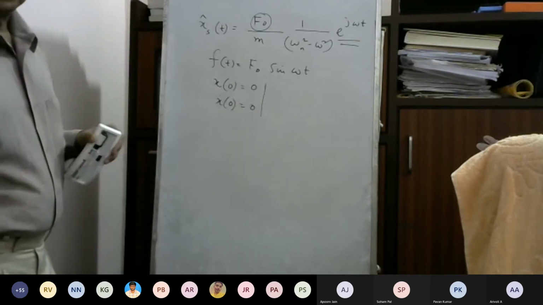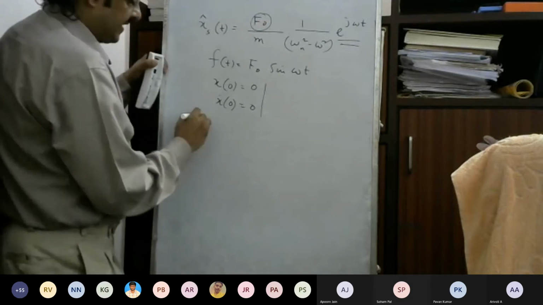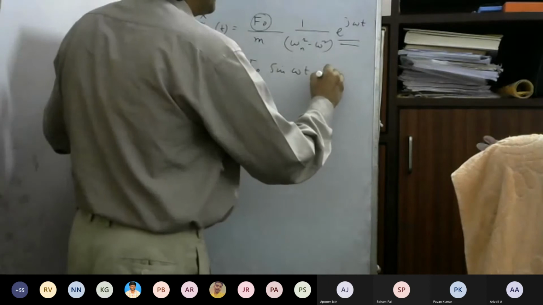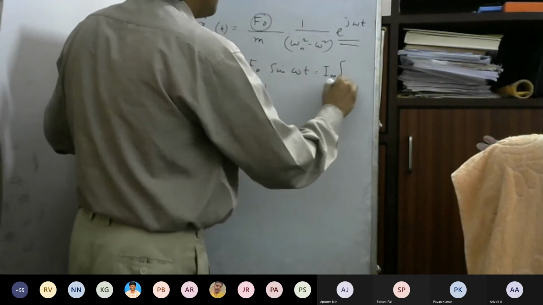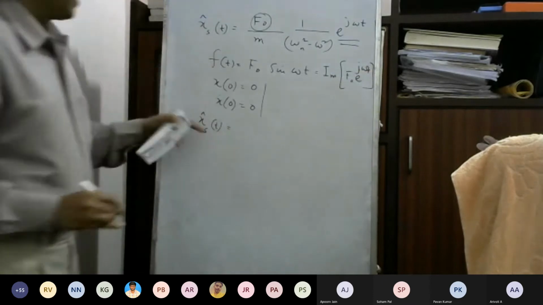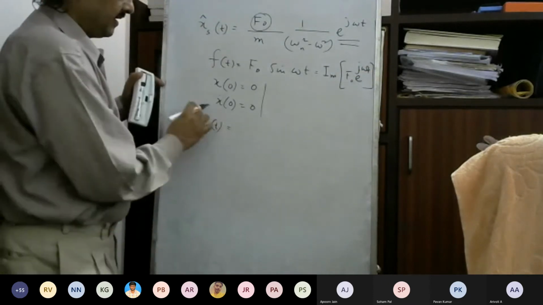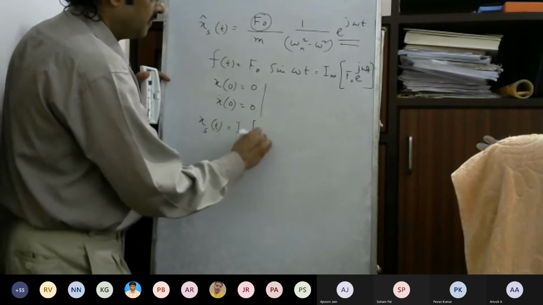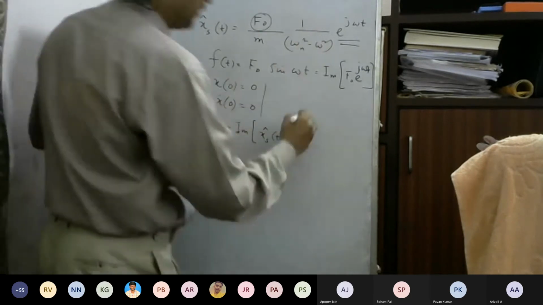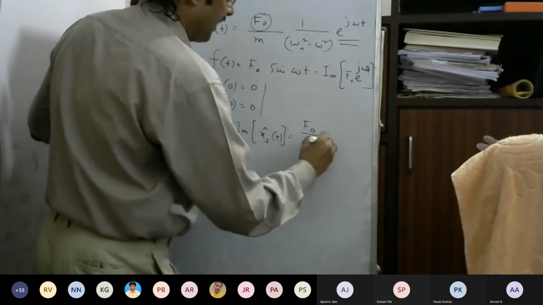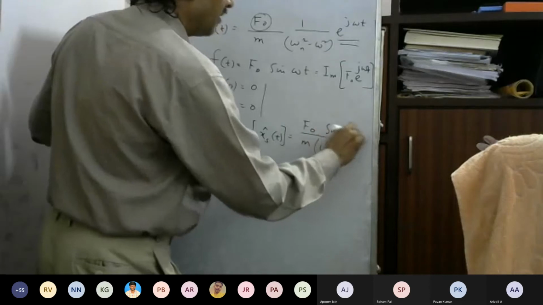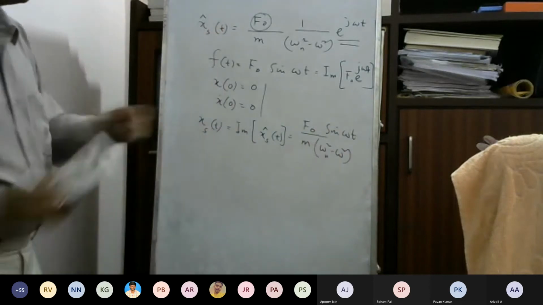Now x_s(t), because this is nothing but the imaginary part of f naught e to the power j omega t, will be the imaginary part of x_s hat(t), and this will be equal to f naught by m times omega n square minus omega square, times sine omega t. So that is x_s, right?